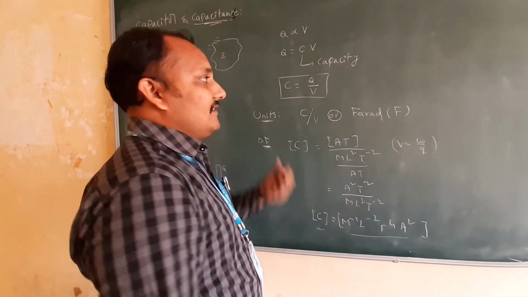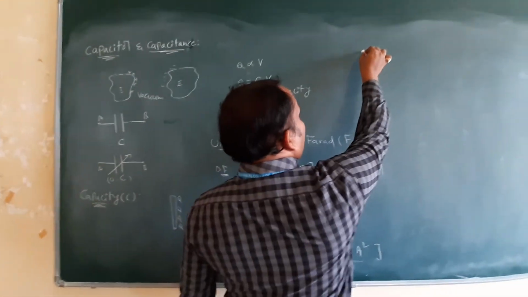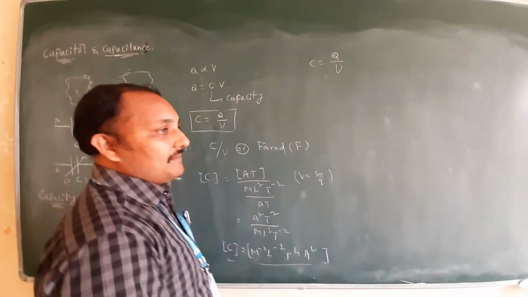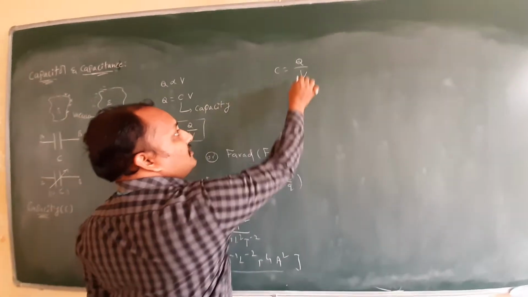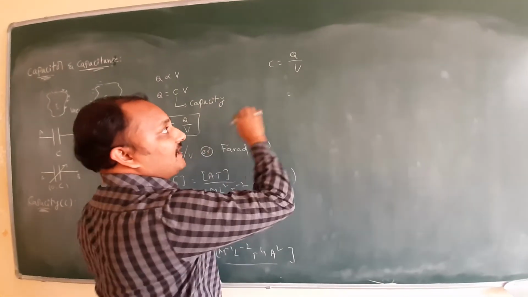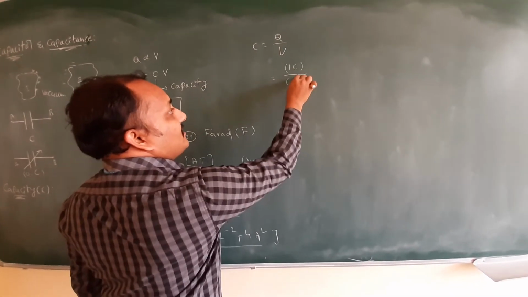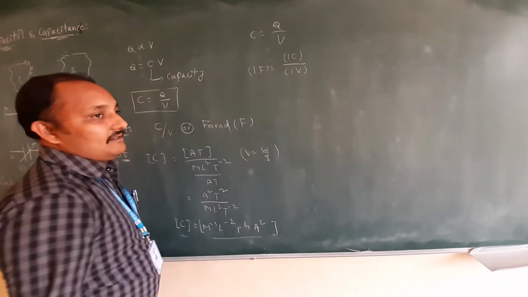Generally after completion of all these, we will define 1 farad. Do you remember how we define 1 farad? C is equal to Q by V. Capacity C is equal to Q by V. So how much Q value should we take? 1 farad means 1 coulomb. How much potential is going to be raised? 1 volt. Then capacity is said to be 1 farad.